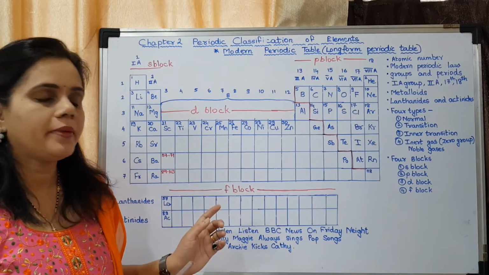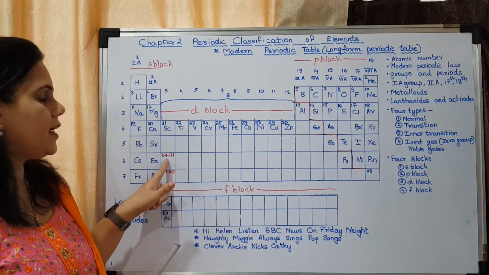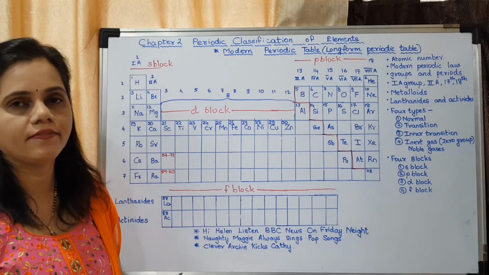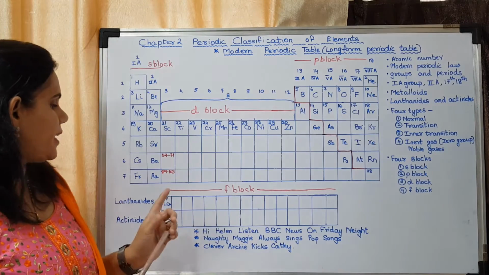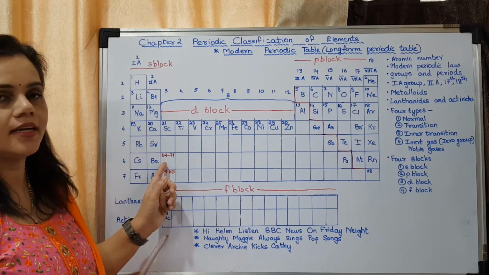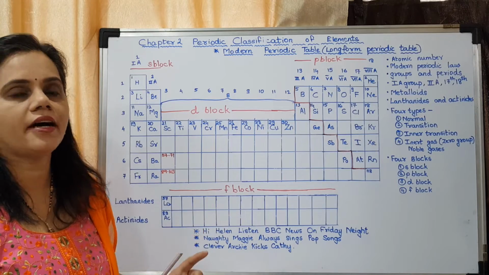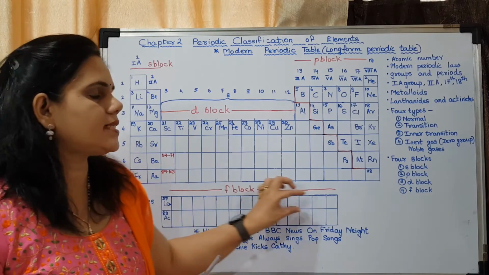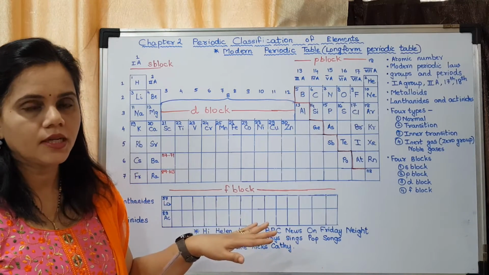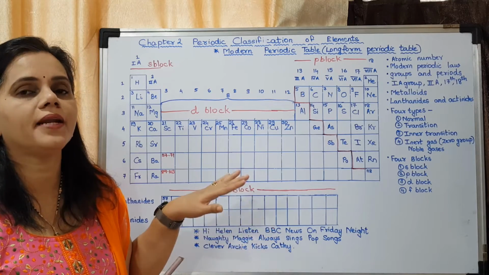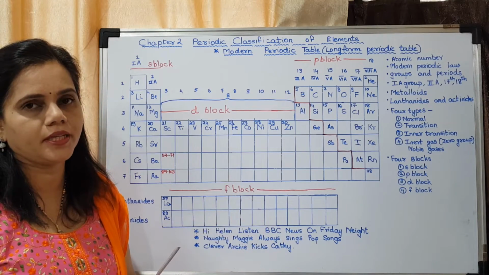About 14 elements after lanthanum, you may see here 57 to 71. Lanthanum is 57. The 14 elements after that are placed separately. As they are radioactive, they are placed separately in the modern periodic table.